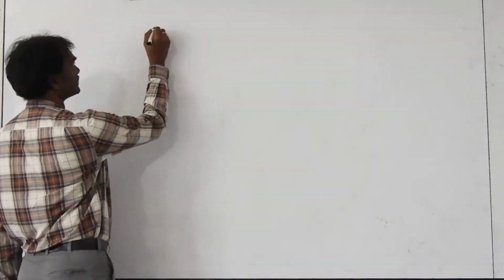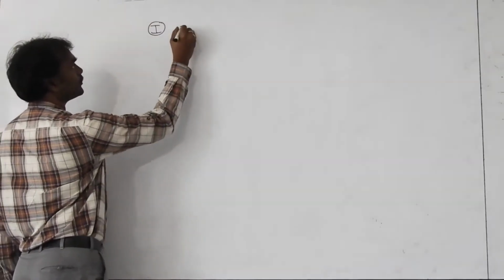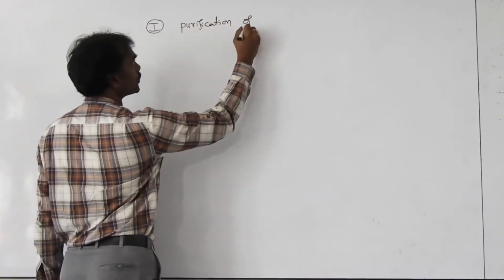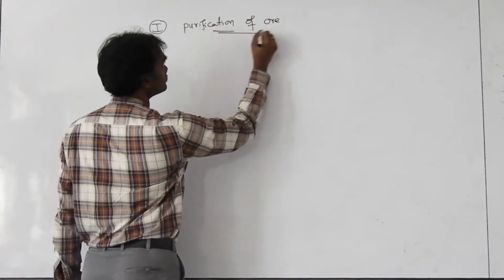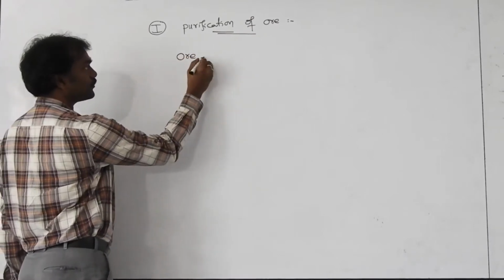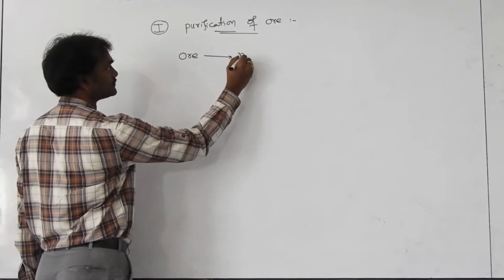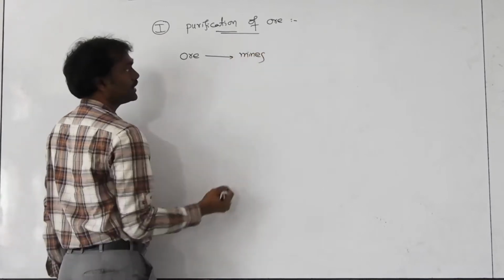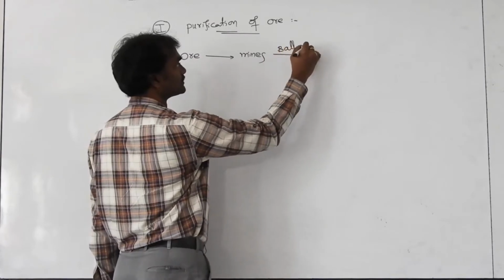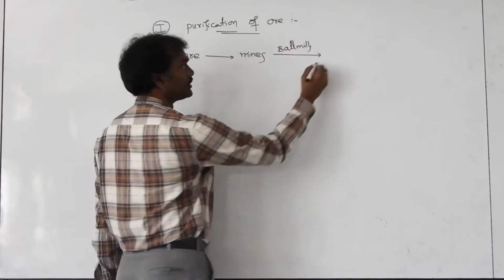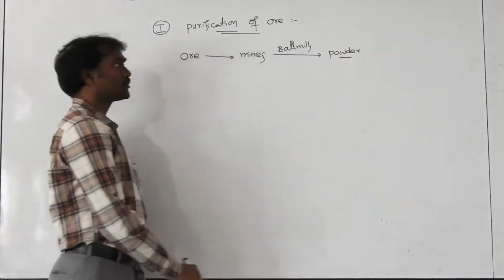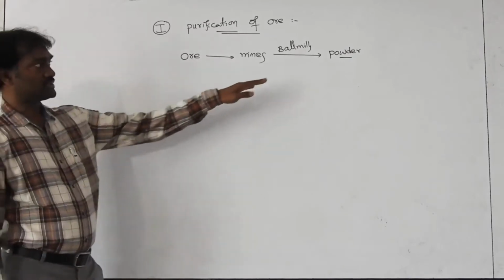First, the ore is collected. Ore is taken from mines, and by using ball mills it is converted into powder. That ore powder, now the process will start.